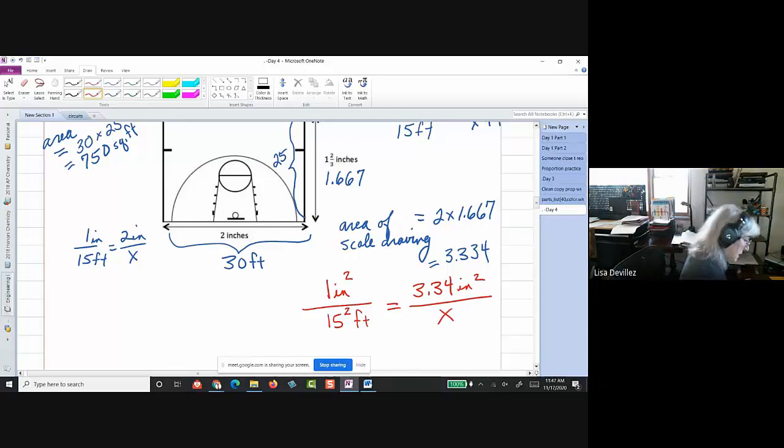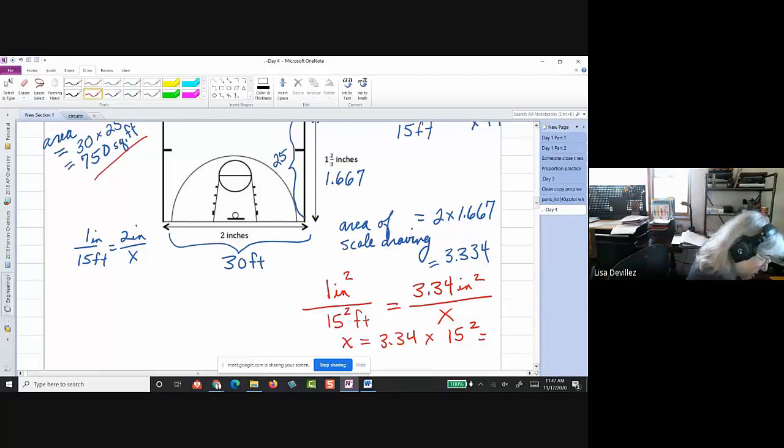So I'm going to multiply, so x is going to be 3.34 times 15 squared. And it should come out to be close to what we did when we converted the sides and then got the area that way. So the two measurements should be very close. So 3.34 times 15 squared.